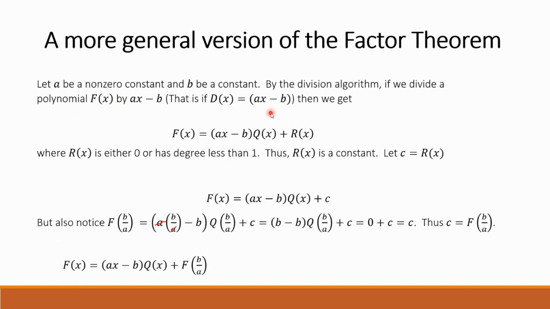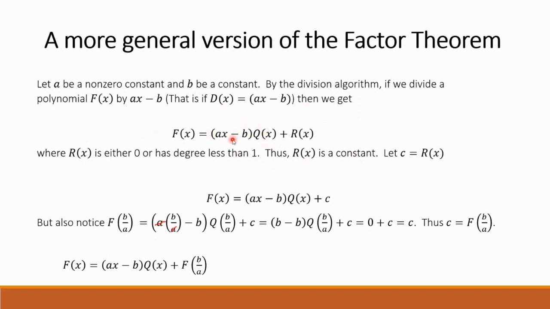then there would be a unique quotient q of x and a unique remainder r of x that fits this equation. That's what the division algorithm says. Not only that, r of x will either be identically 0, meaning it's 0 for every x, or the degree of r will be less than the degree of your d of x.